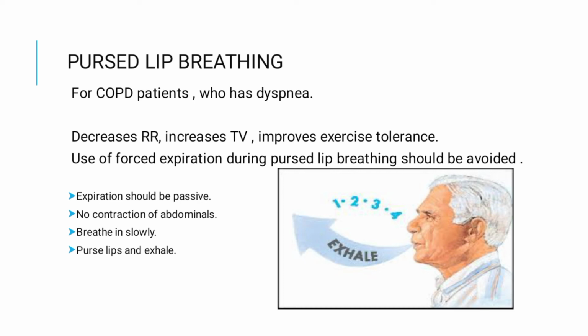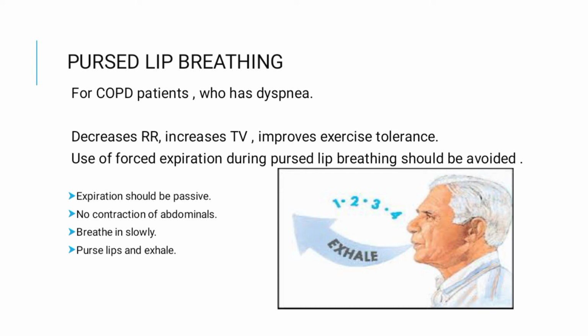So this is the procedure. The patient makes a pursed lip and expires over an extended time, so that the air trapped inside the lung will be expired out, and the hyperinflation and flattening of the diaphragm, all these complications we can reduce by doing pursed lip breathing.